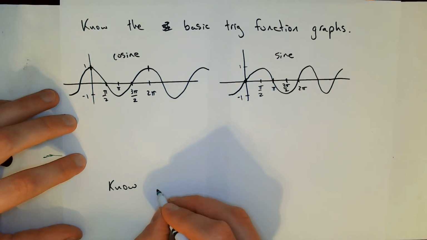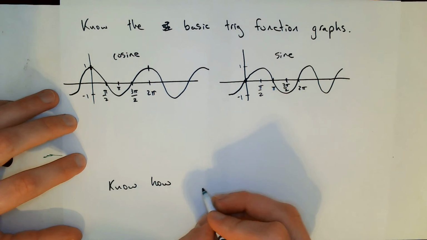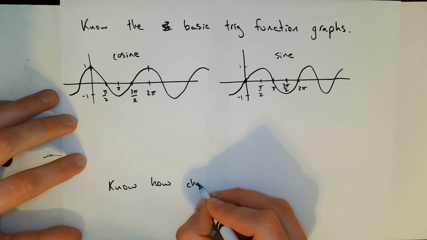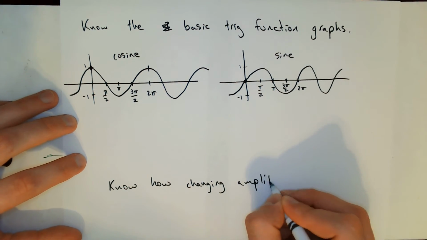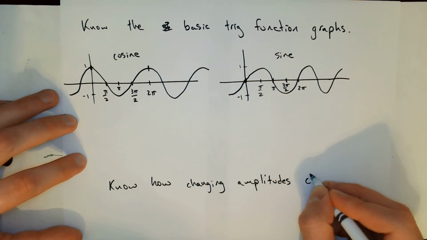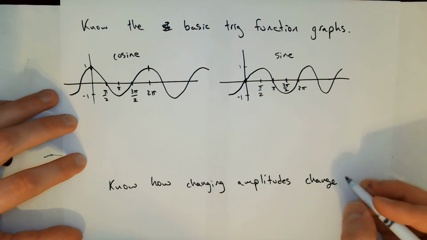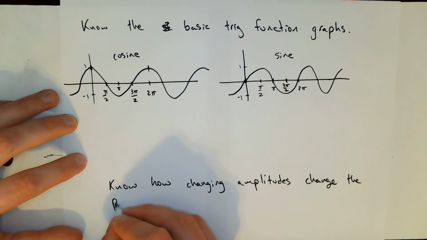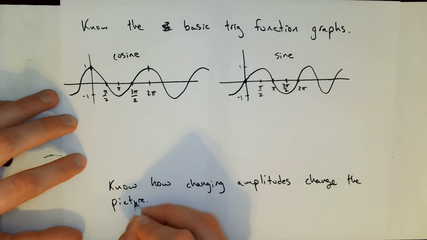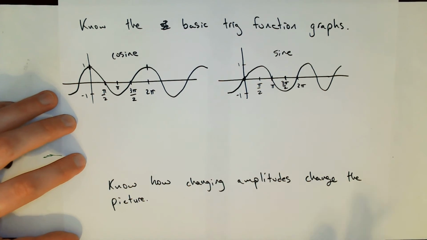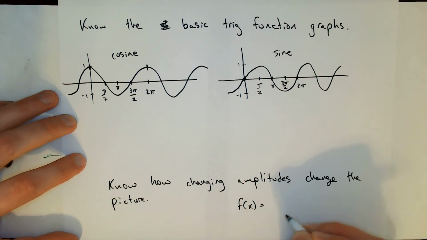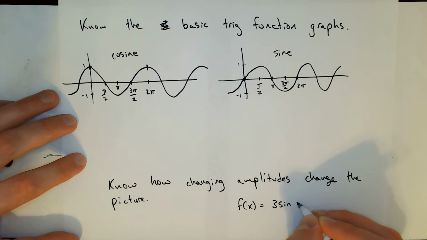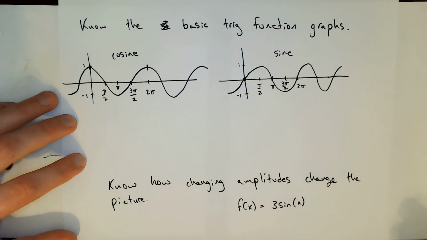Know how changing amplitudes change the picture. In other words, if you were given a function like f of x equals 3 sine x, what does that do to the graph? Okay, so know that.